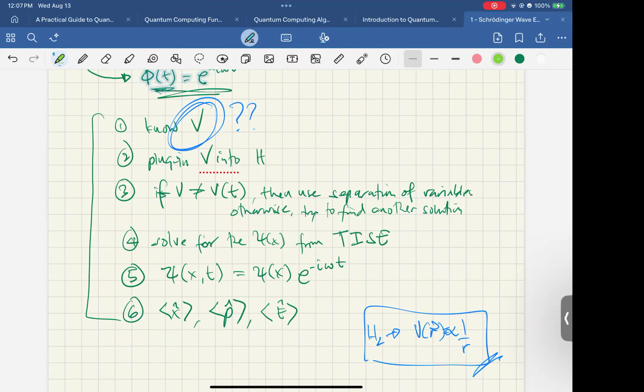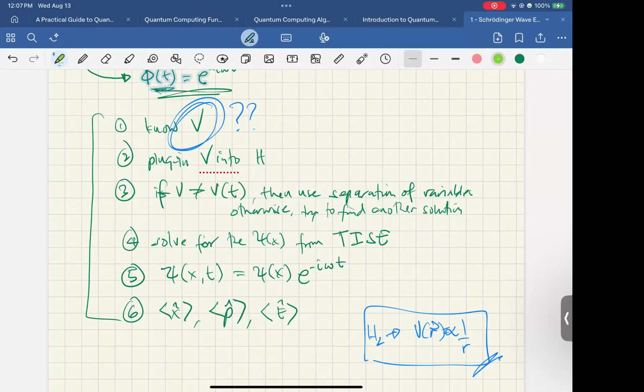First, we have a system, di ba? And we need to know kung ano yung potential ng system na yun. Kasi yun yung ipa-plug in natin dun sa Schrödinger equation mathematically inside the Hamiltonian. Okay, and if this potential is not time varying, then we use separation of variables. Otherwise, hanap tayo ng ibang solution.